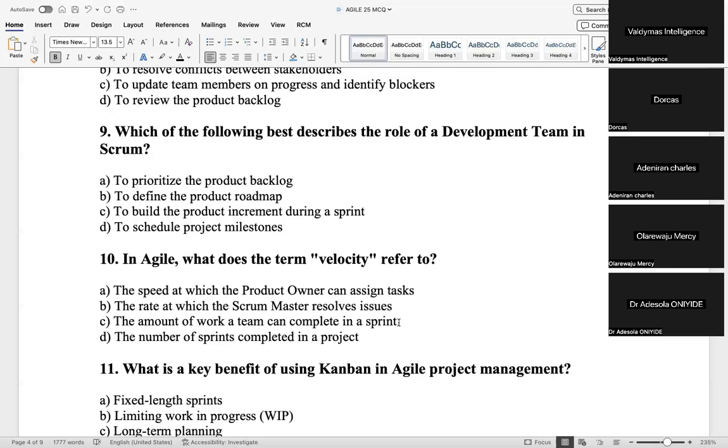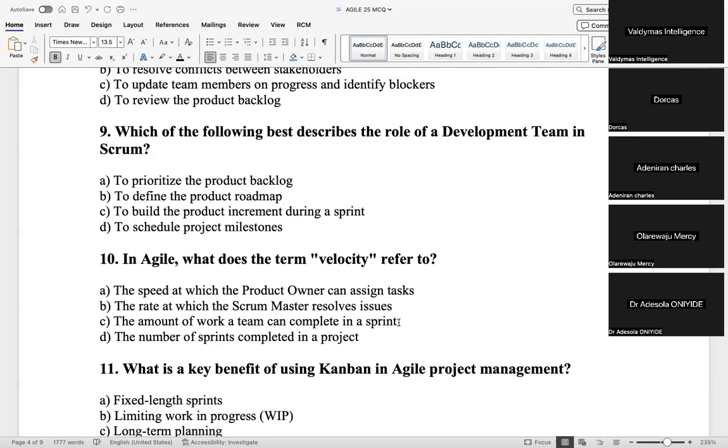Do you know it's as painful as sometimes some stories, you have actually completed development, you have completed quality assurance, which is QA. You have even completed what we call user acceptance testing. The only thing remaining is the PO to give your final approval so that you can move it to done.